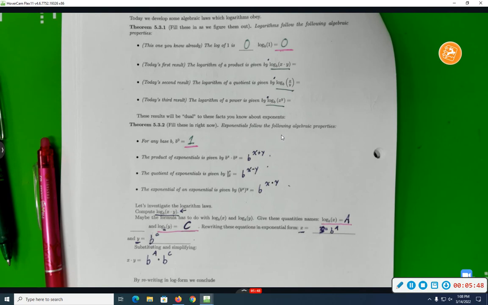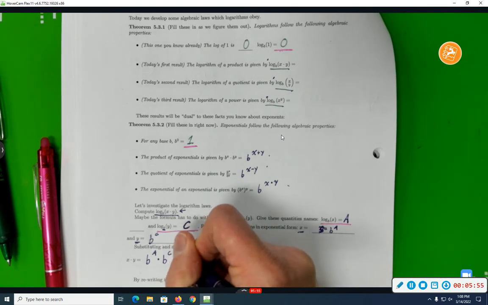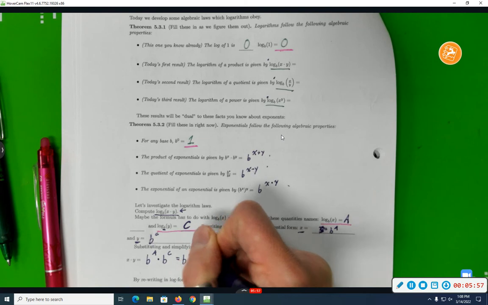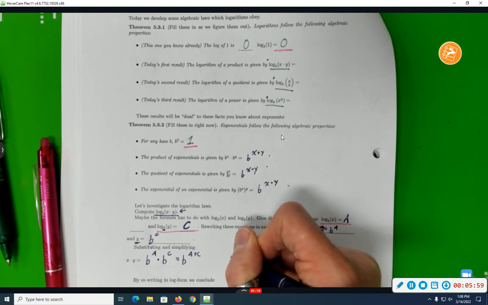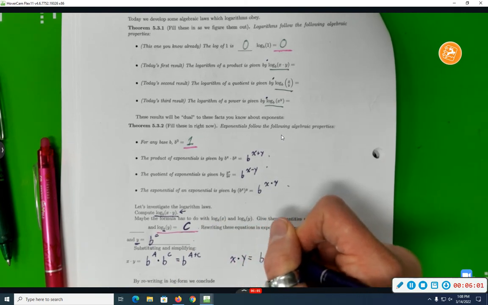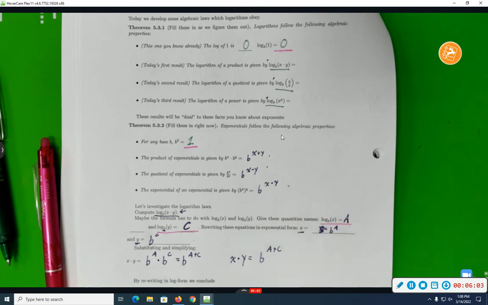And what's b to the a times b to the c? Nice. All right, so I'm going to rewrite that again. x times y equals b to the a plus c. Does that look like an equation that is currently in exponential form? What happens when you rewrite it in logarithmic form?